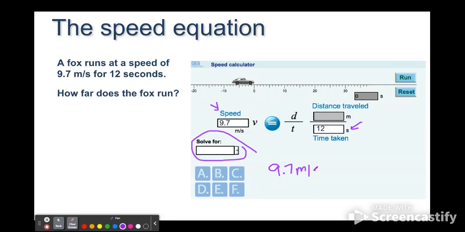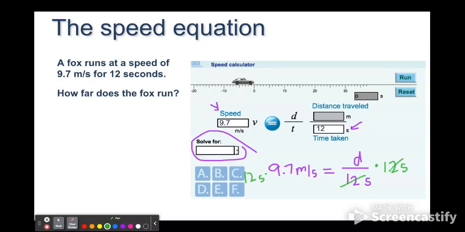9.7 meters per second is equal to the distance over 12 seconds. Easy, easy, cheesy peasy here. Going to do the opposite and multiply by 12 seconds. But if I multiply one side by 12 seconds, in order to keep it equal, I have to do it to both sides.